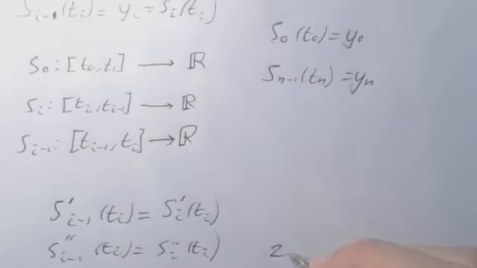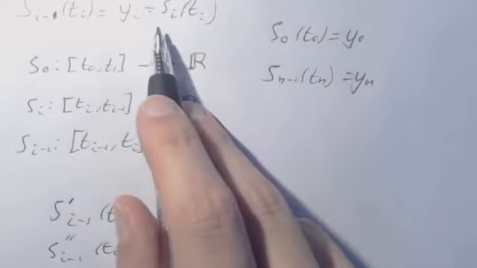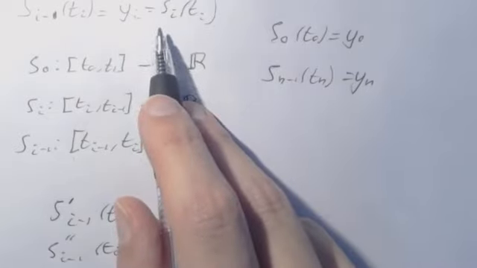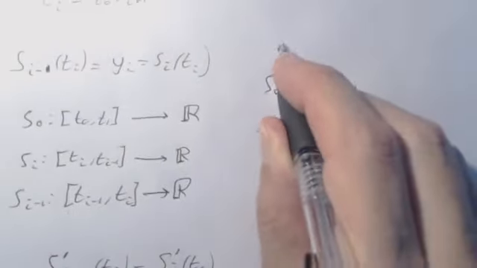So this is 2n minus 1 conditions. I agree with that, but I don't agree that the first one is 2n conditions. That's strange. It seems to be n plus 1 conditions.